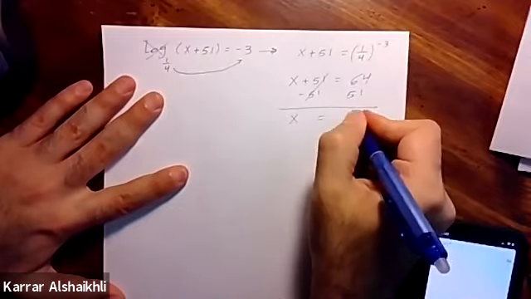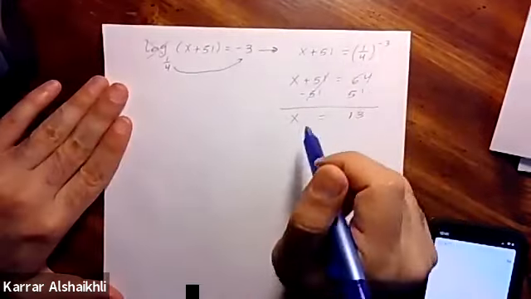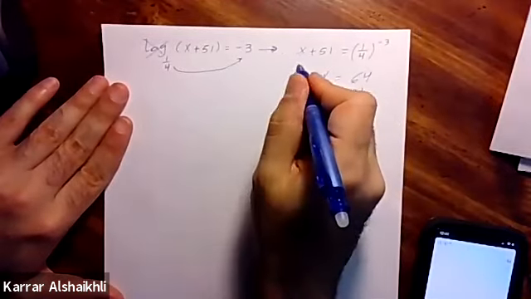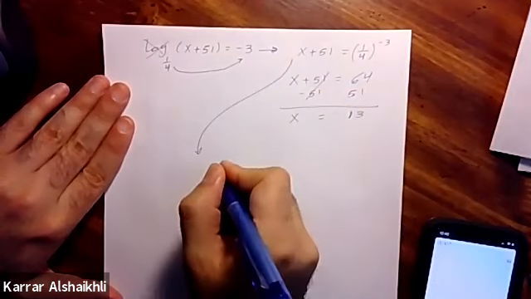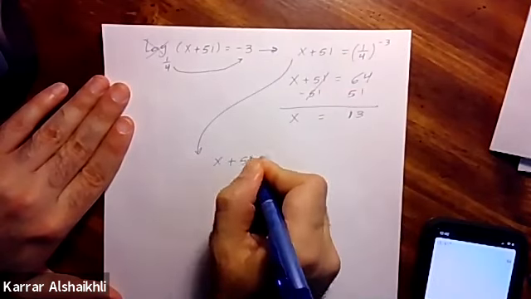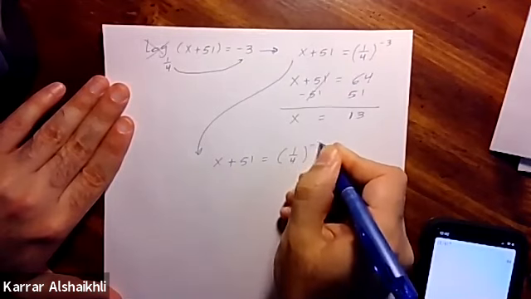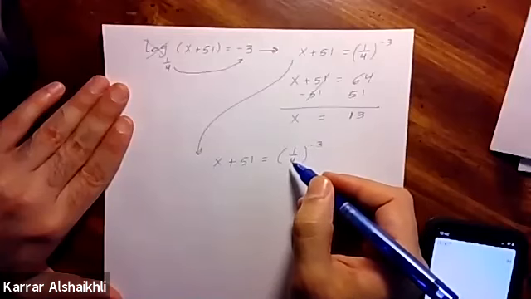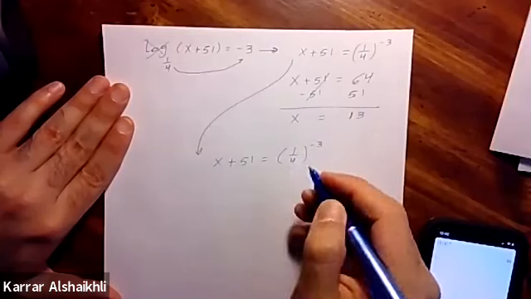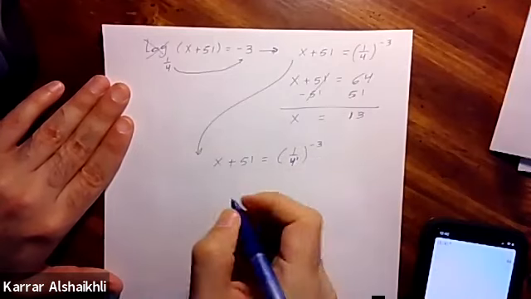But let's go back to this step. If you don't want to use the calculator, let's do this step again, and I'm going to show you how you're going to get the same result. X plus 51 equal 1/4 to the -3. Now let's check this one. Let's take the reciprocal or use the rule, because the 4 with the exponent 1, I'm going to move it to the top.